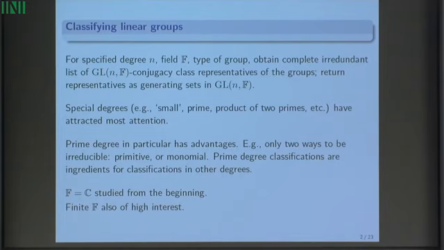Because of the nature of the classification we're asking for, even for very stringent restrictions on the parameters of the problem, you're almost immediately faced with a mass of details about the groups.